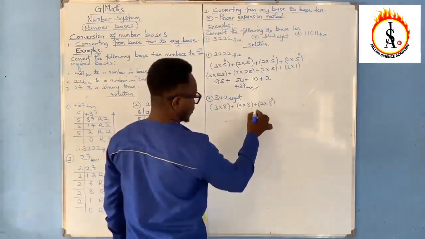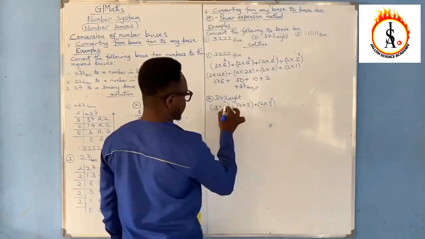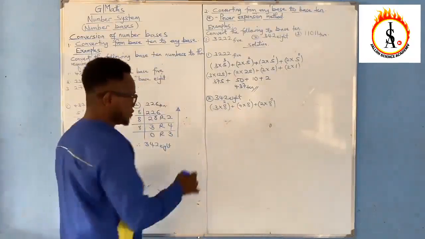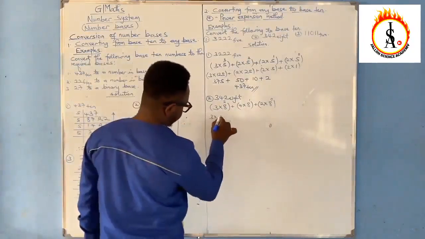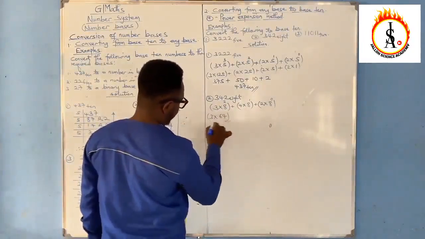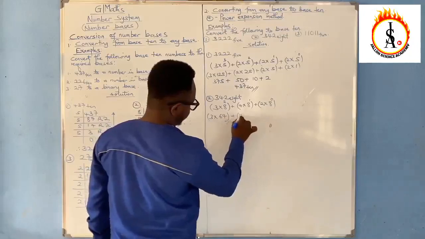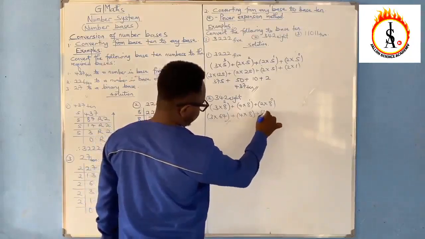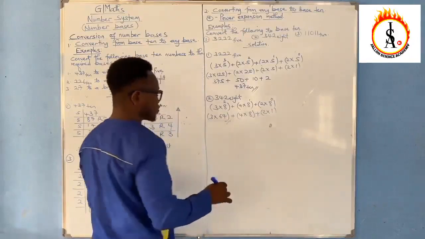Unit number gets power 0, this gets power 1, this gets power 2. 8 to power 2 means 8 times 8. So this is 3 multiplied by 64, plus 4 multiplied by 8 to power 1 is 8, plus 2 multiplied by 8 to power 0 is 1.